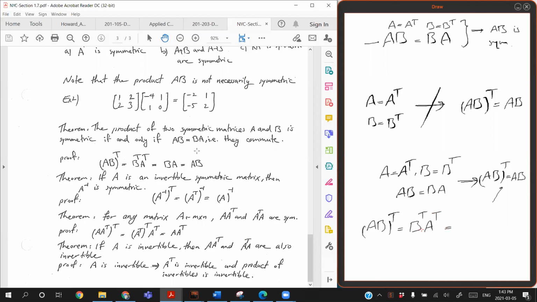Now I can replace B transpose with B, replace A transpose with A, and then replace BA with AB. So I prove that AB transpose is equal to AB, making AB symmetric. Are we good?